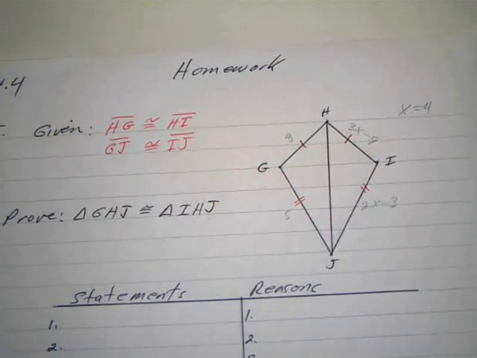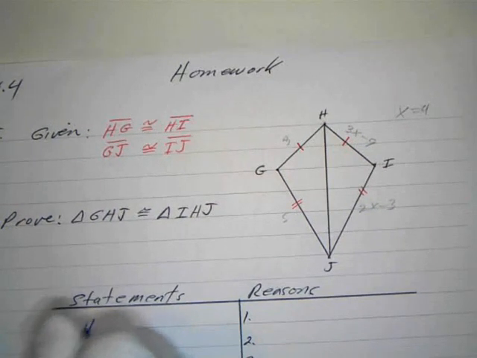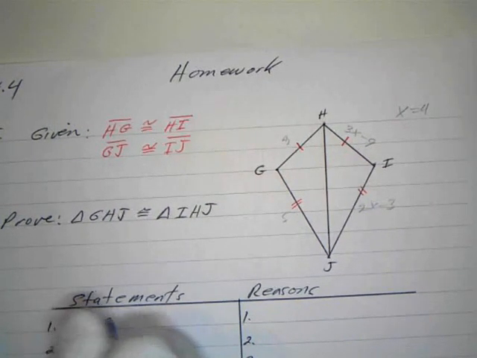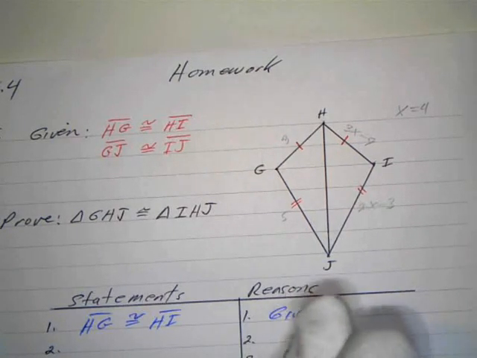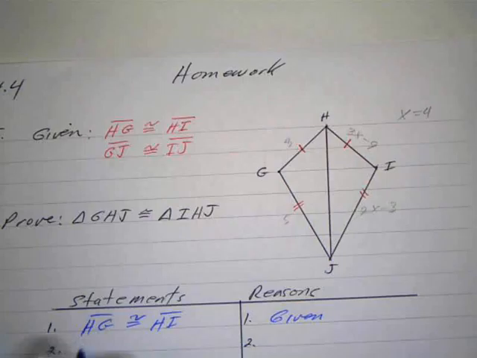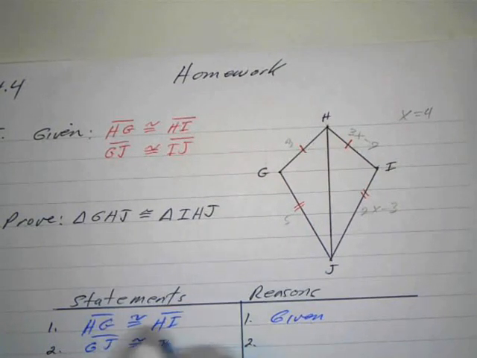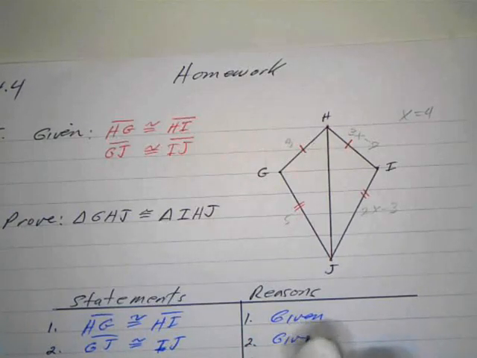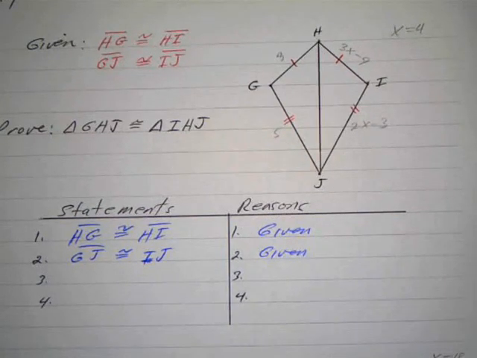I can start with HG is congruent to HI, and that's a given. And then GJ is congruent to IJ, and that's also given. All right, so if you have that written down, that saves you a little bit of time. Just fill that in.